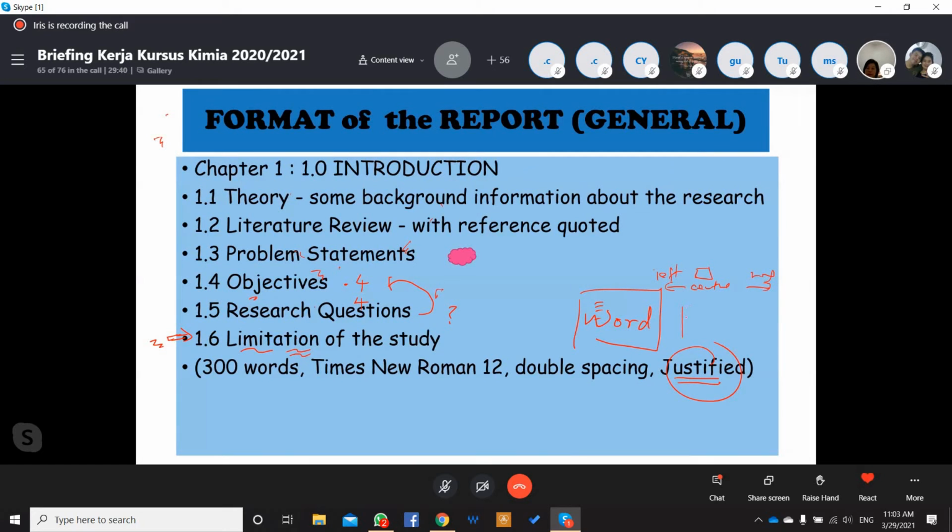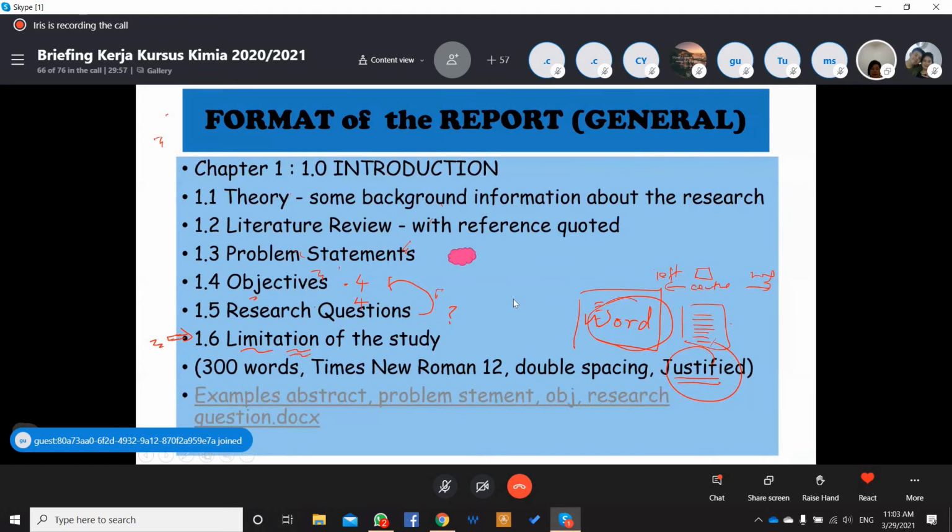Justified means they will try to adjust until it looks nice, everything looks neat. There is no short head or short tail. So you choose justify in the Word format.